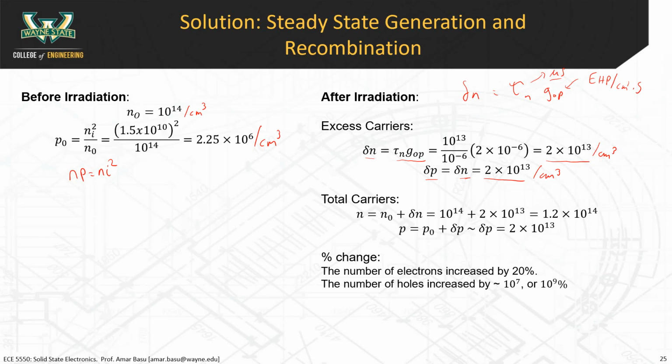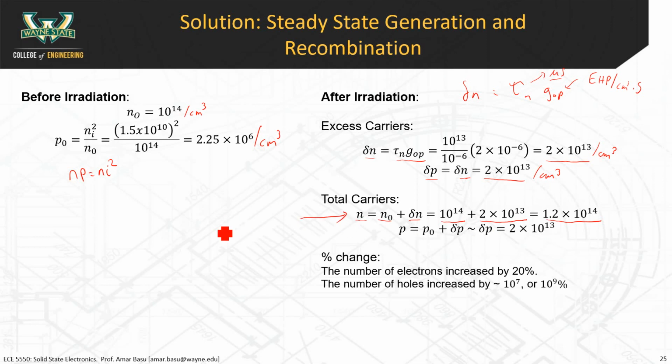All right, so your sigma n is equal to sigma p, and the total carrier concentration is n equal to n0 plus sigma n, and you get 10 to the 14th plus 2 times 10 to the 13th, and so the total is 1.2 times 10 to the 14th. So in this case, this is an n-type semiconductor.